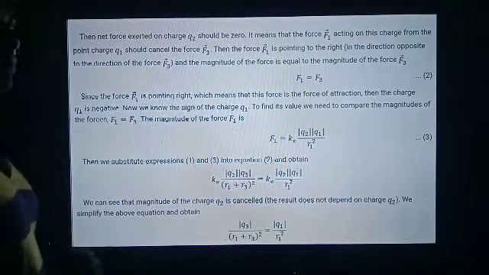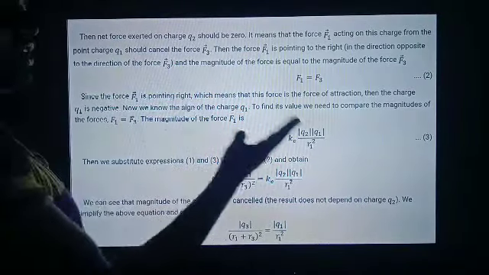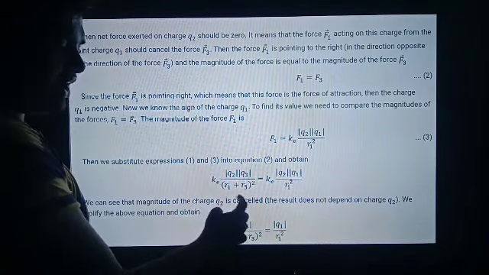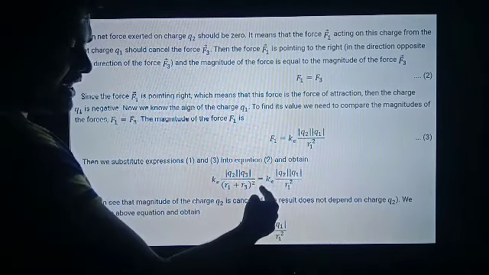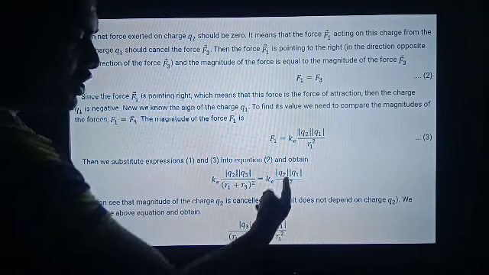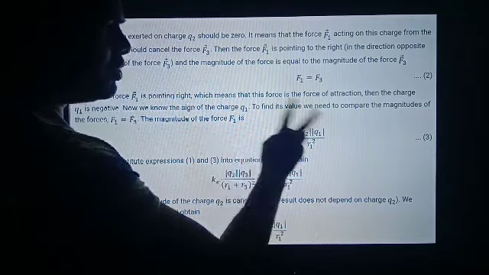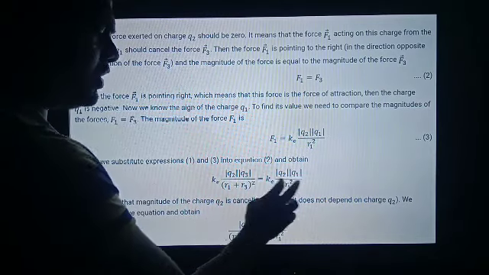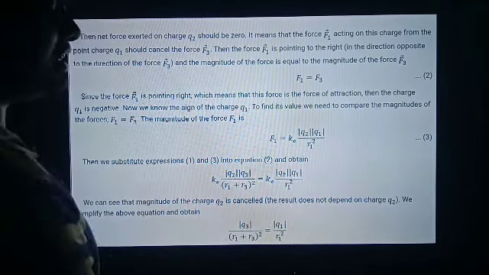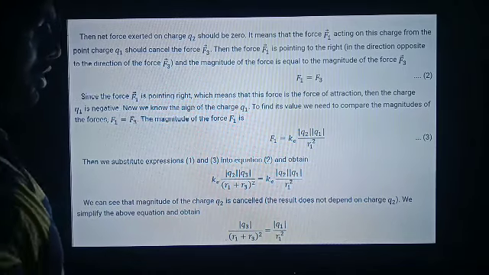Because the net force must be 0, F1 and F3 must be the same. So this is the value of F3 and this is the value of F1. K and K will cancel. Q2 and Q2 will cancel. Do not change to meters, because both distances are in centimeters. If you divide by 100, it does not change the value.